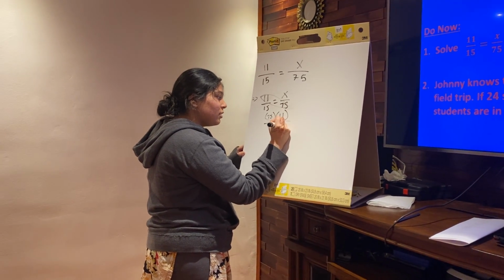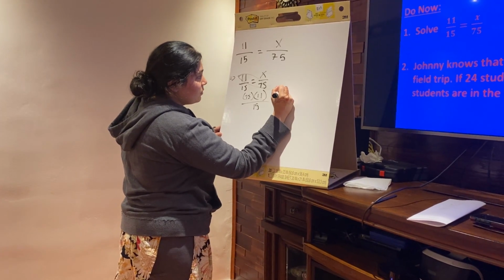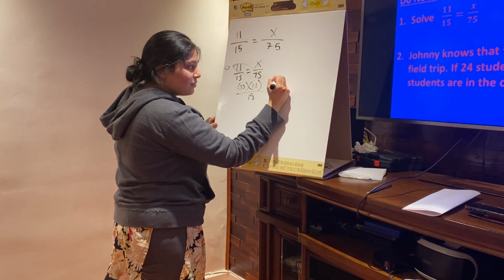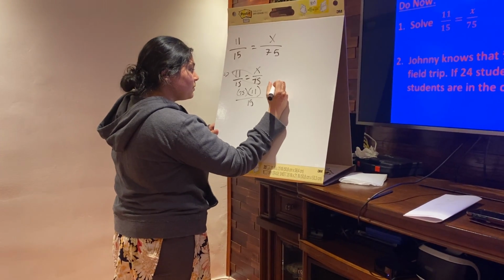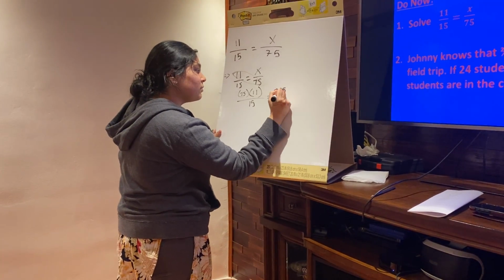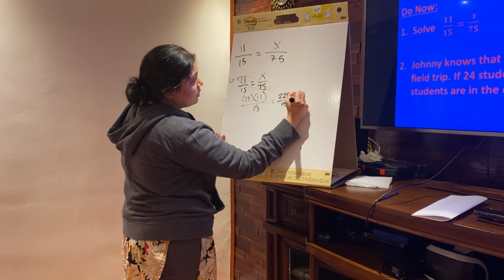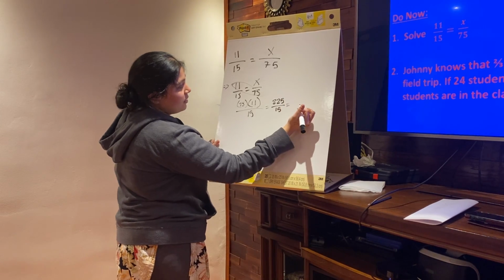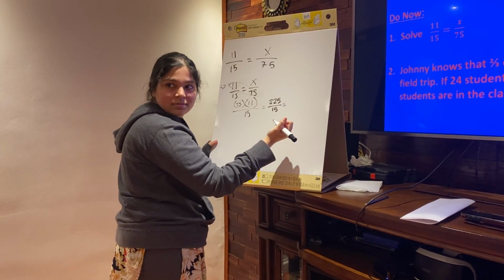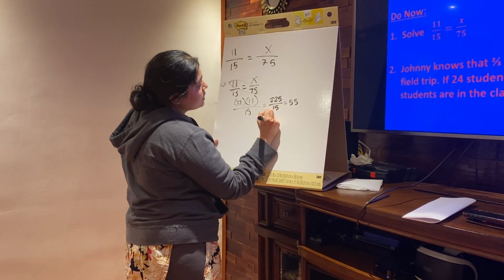Isolating the variable so that we get x by itself. So 75 times 11, can you help her? 825. Very good. You can all be a calculator. And divided by 15 gives us what? 55. So x is equal to 55.